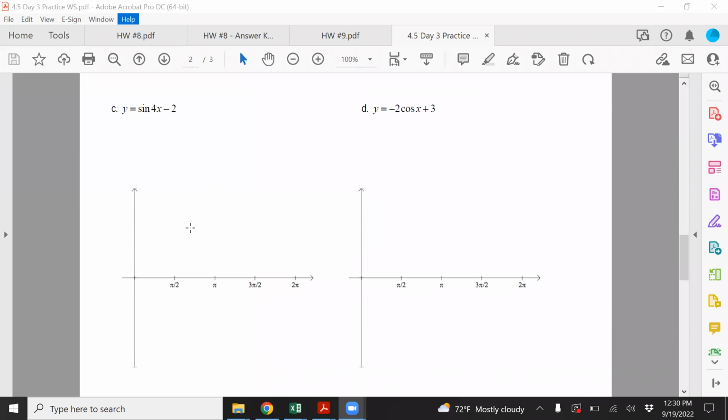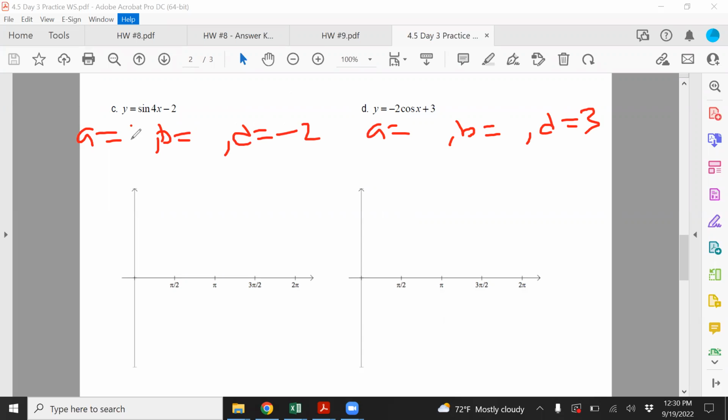All right, now we got one more complex. Okay, so remember A, B, and D. You guys tell me what those are. D is negative. Good. And what's D for the other one? Great. Okay, what's the A for the first one? 1. And what's the B? 4. And for the second one? -2. And B is 1. Great.